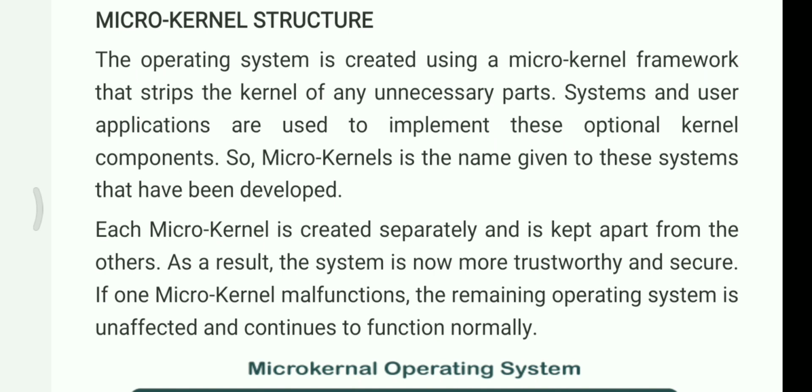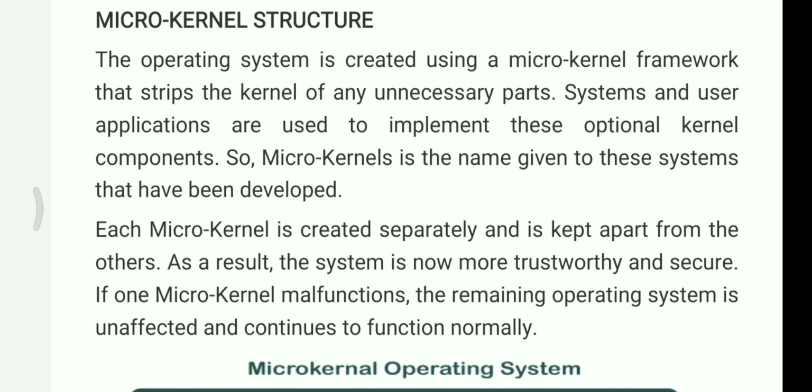Each microkernel is created separately and kept apart from the others. As a result, the system is now more trustworthy and secure. If one microkernel malfunctions, the remaining operating system is unaffected and continues to function normally.